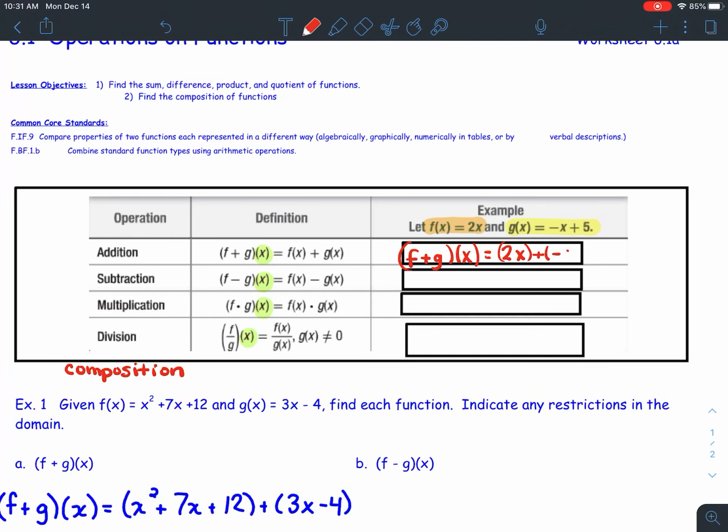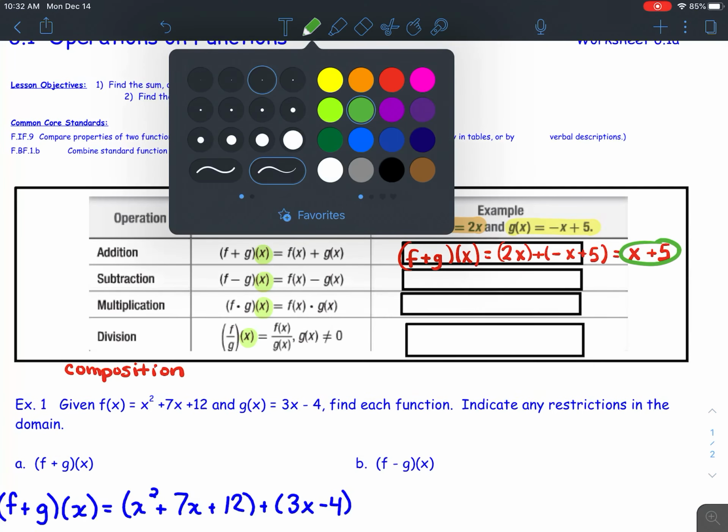Okay, now initially we might put those in parentheses, but we know that when we're adding these together, the parentheses technically do not serve a purpose, so we can just say 2x minus an x would be x, and then we'll have this extra plus 5 here. Okay, so the answer for this is that when we add the two functions together, we get x plus 5.